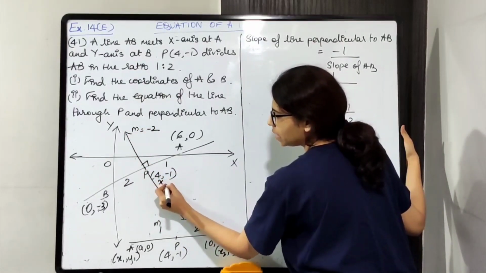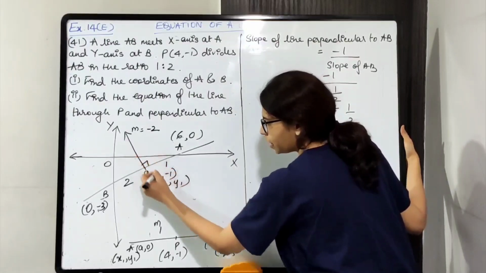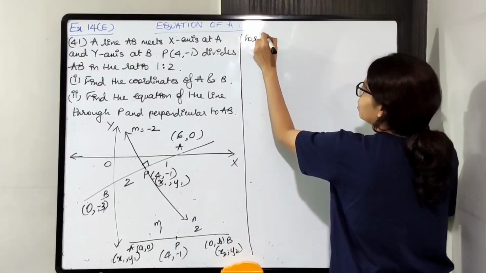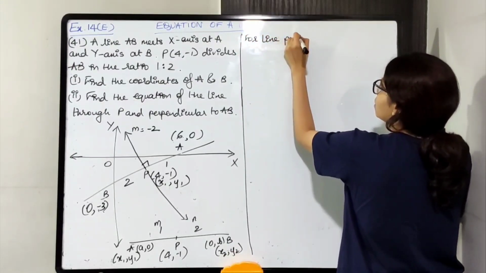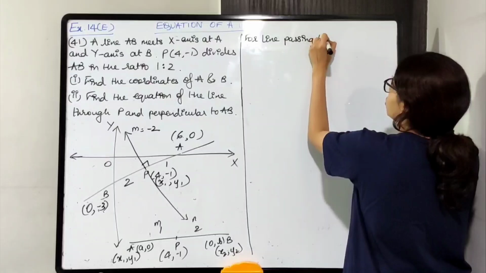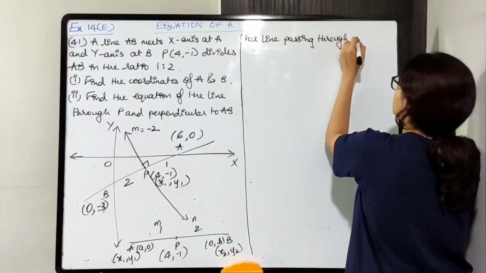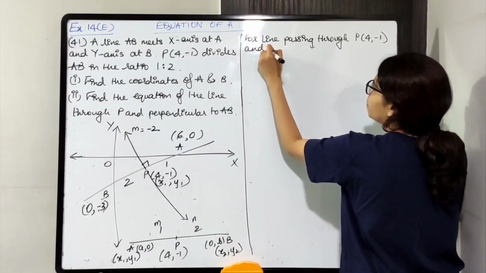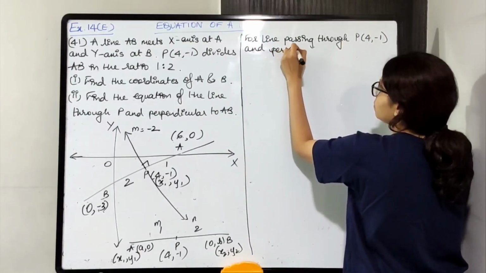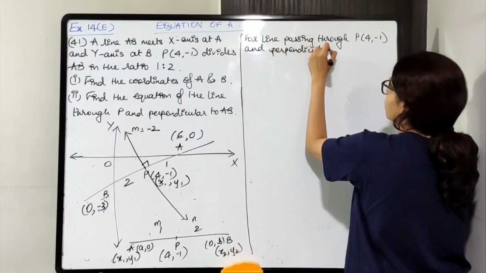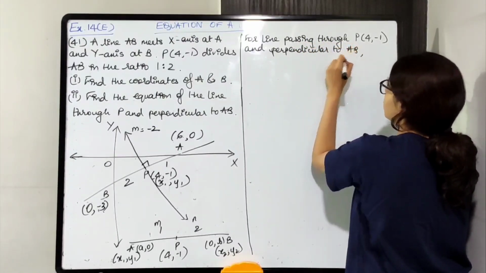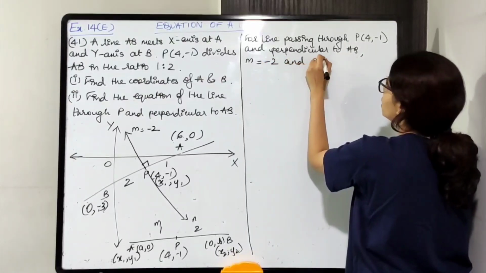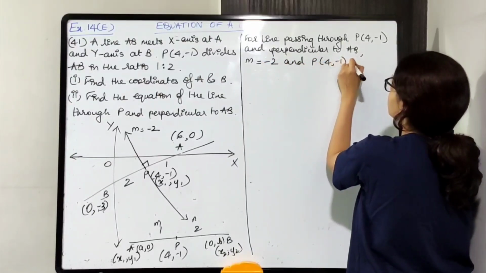P का coordinates we'll take as x1 y1 and frame the equation of this line. Okay. For line passing through P 4, -1 and perpendicular to AB, we got the slope, it is -2, and P का coordinates we'll take as x1 y1.